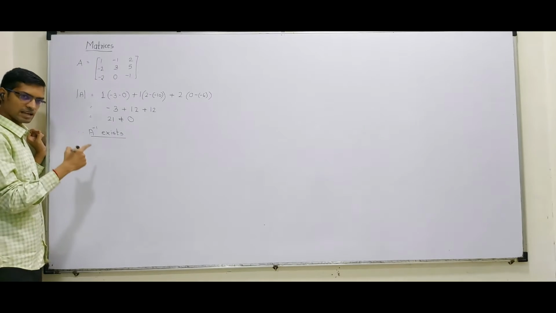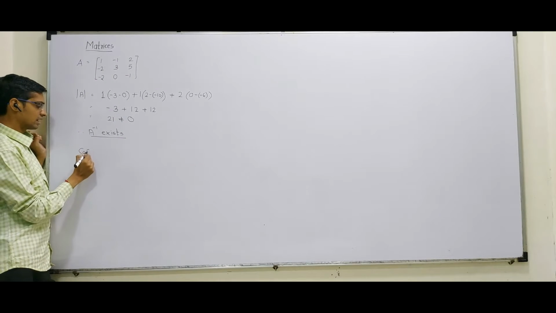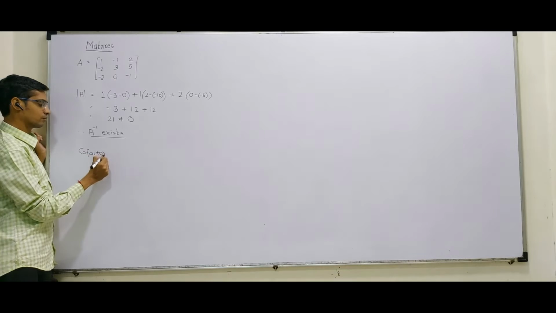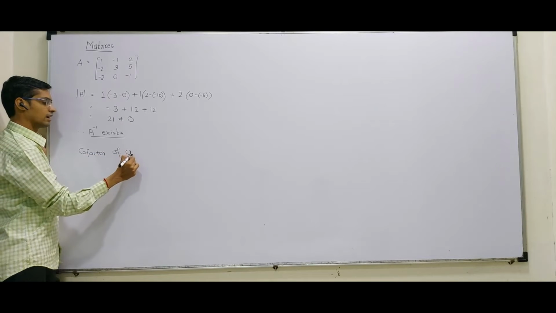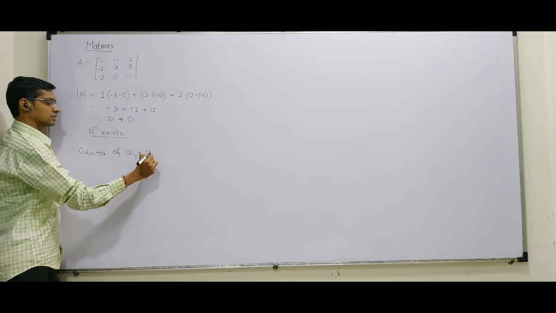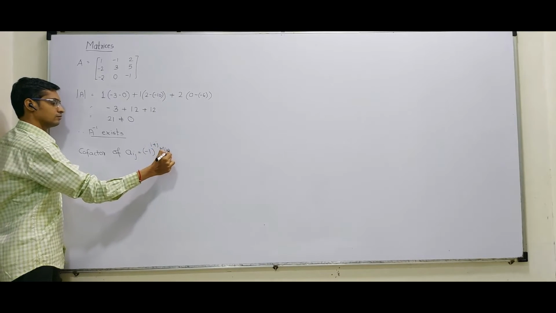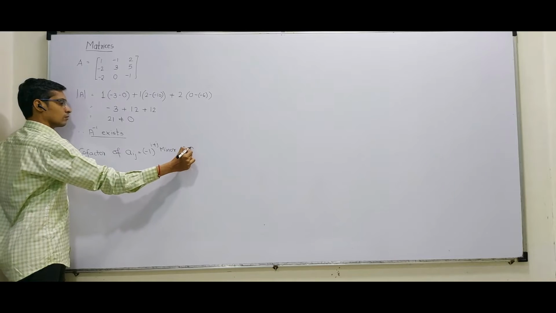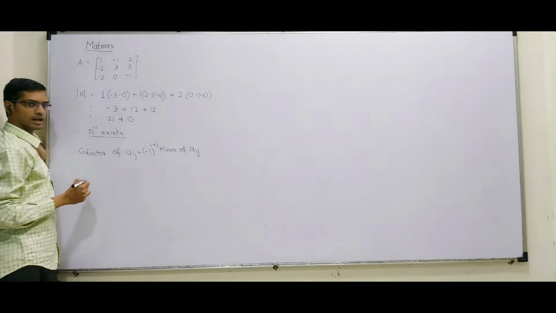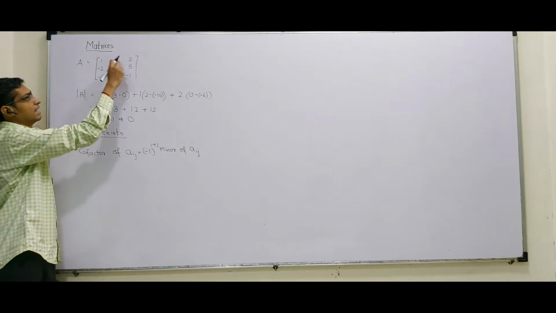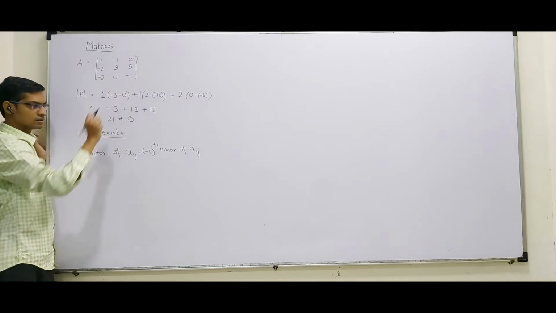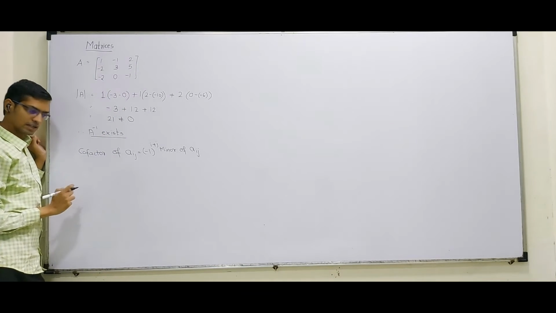exists. Since A inverse exists, I will first write the formula of cofactor. Cofactor of Aij is equal to -1 I plus j minor of Aij. ठीक है, कितने एलिमेंट्स हैं यहाँ पर? 9 एलिमेंट्स. सो आई शुड हैव 9 cofactors.